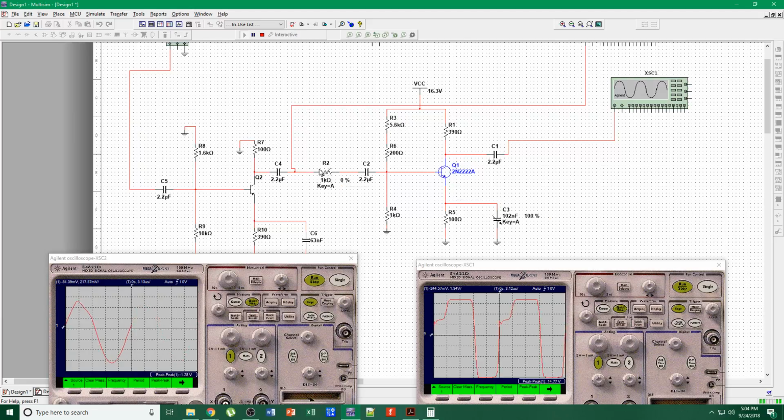Of course, it looks disgusting, so let's vary this. What happens here? Of course, it drops my amplification on this side and doesn't affect this. So I get a lot of clipping this way.